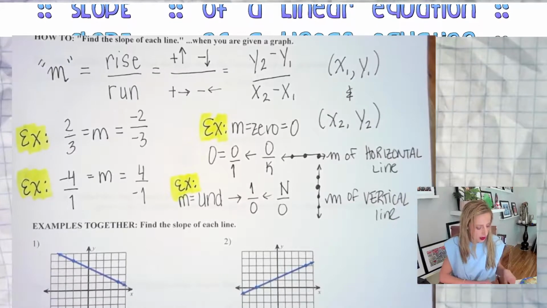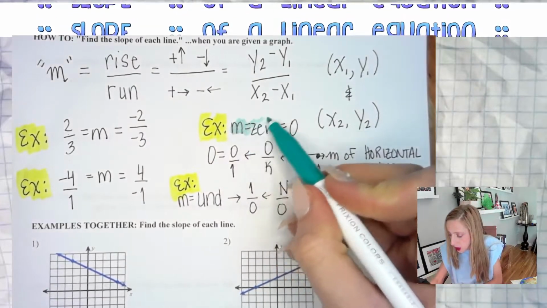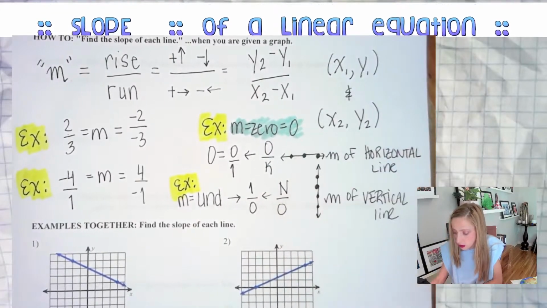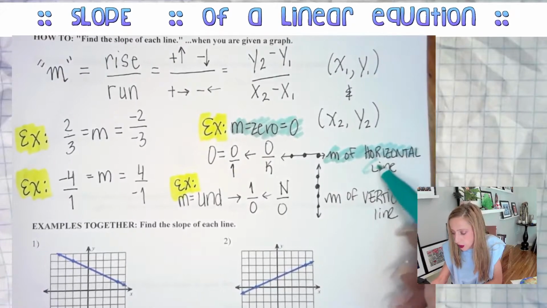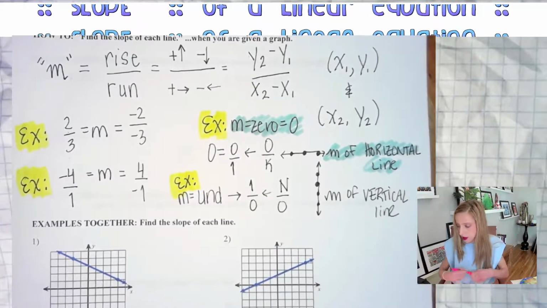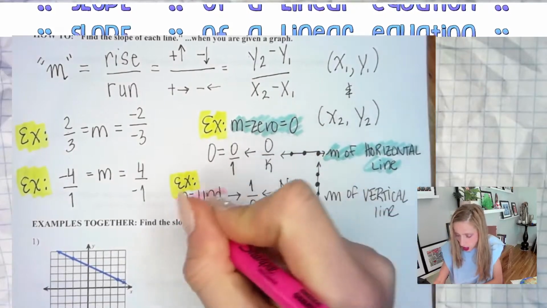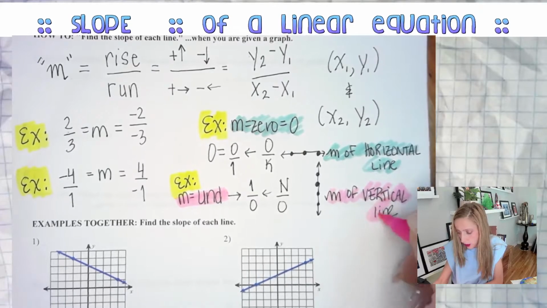And then we pointed out that when m is 0, that's the slope of a horizontal line. And when the slope is undefined, that's the slope of a vertical line.